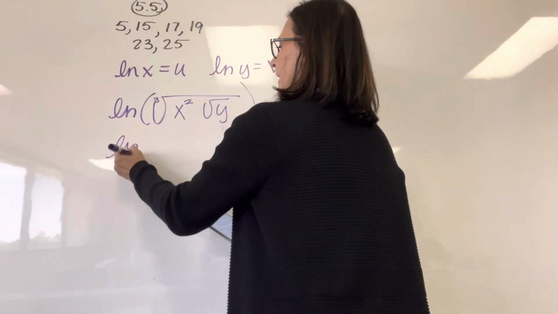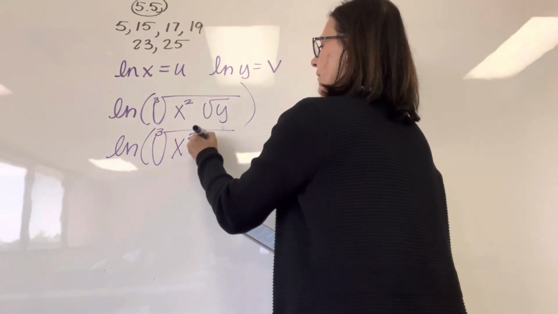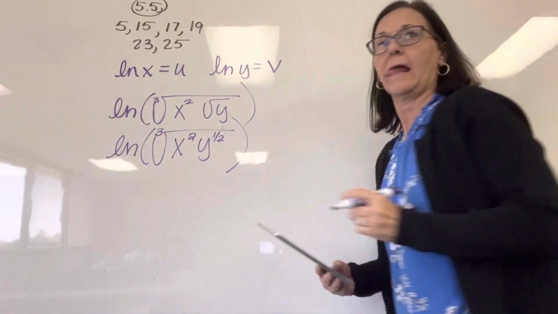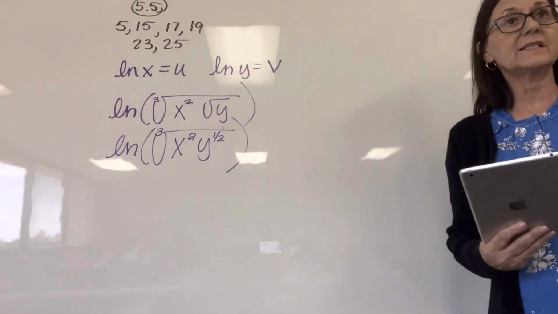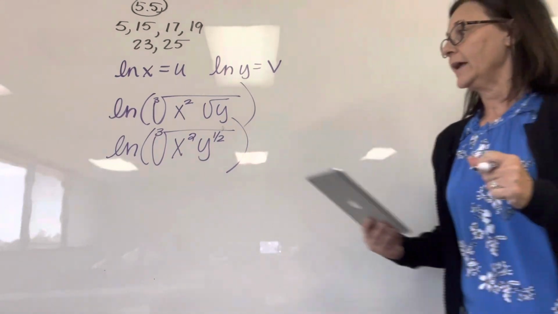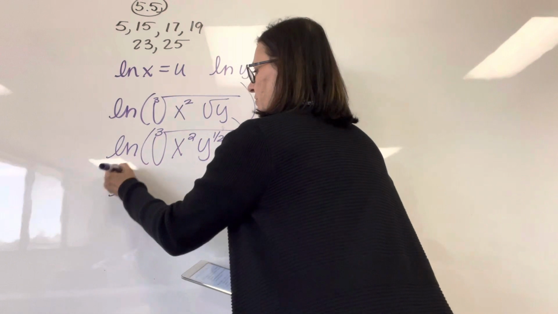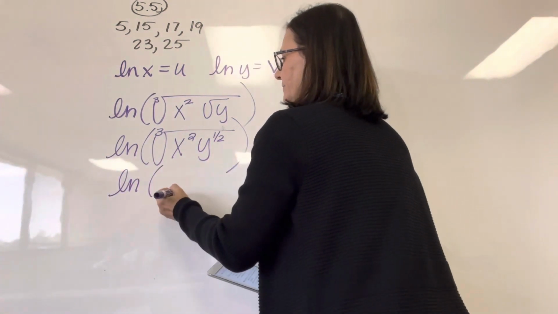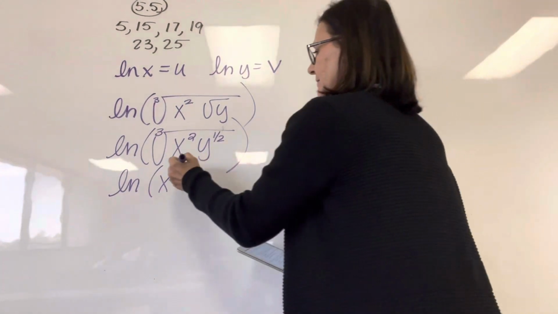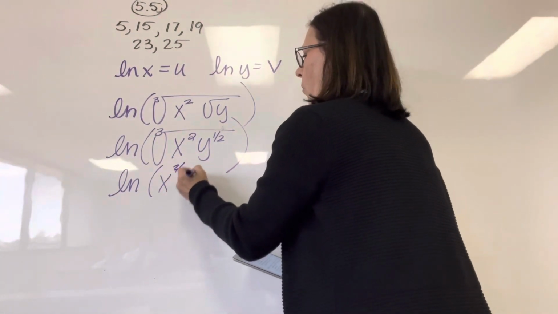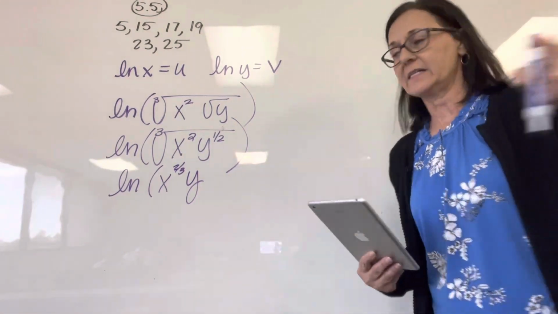So this is the ln of the cube root of x squared y to the 1/2. Now we're going to raise both of these to the 1/3. So it's the ln of x to the 2/3.